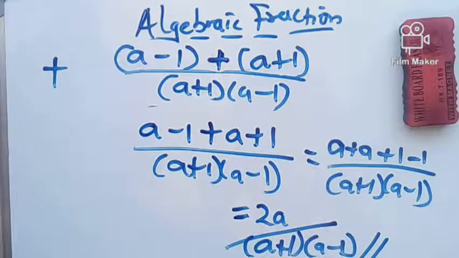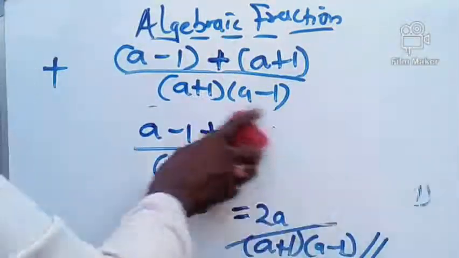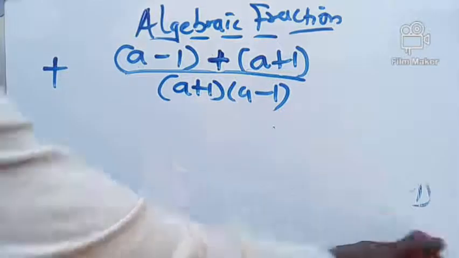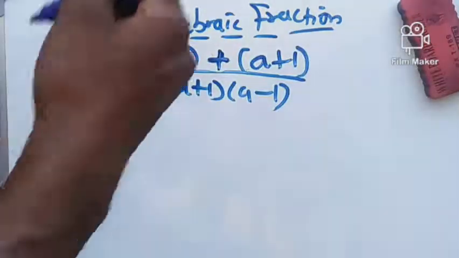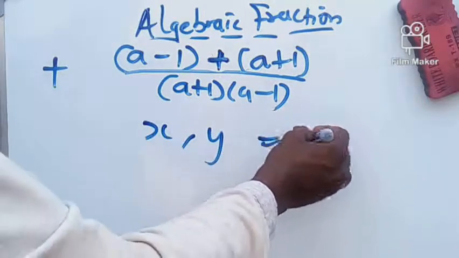So that is how to simplify given algebraic fractions. Notice that we've seen a pattern here. What is the pattern? Anytime you are asked to find the LCM of different terms, different expressions, you simply do what? Multiply the given expressions. So if I have x and y, the LCM of x and y is simply xy.